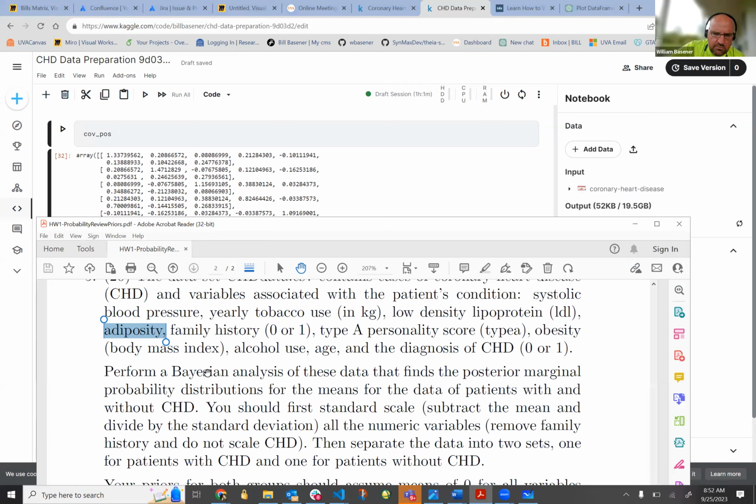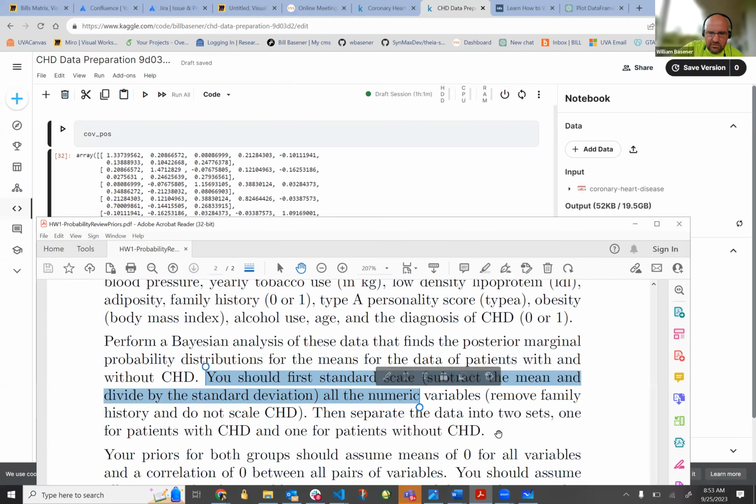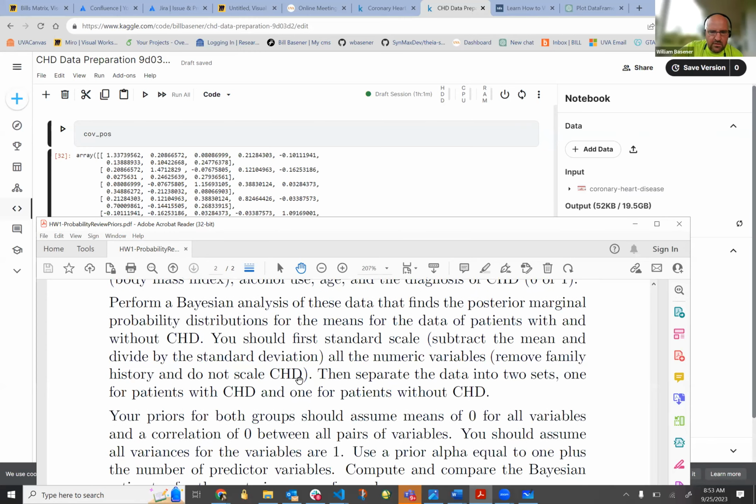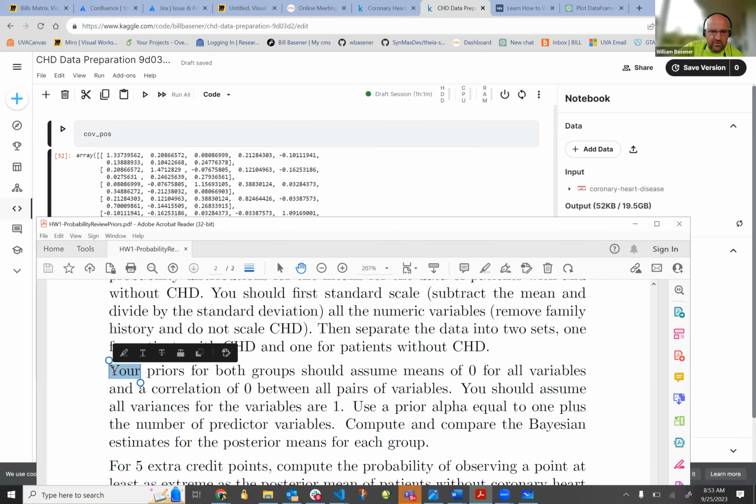Okay, so perform a Bayesian analysis of these data that finds the posterior marginal probability distributions for each of the means for the data of patients with and without CHD. You should first standard scale. We did that. Separate the two classes. We did that. Okay. Now, here's where it starts becoming Bayesian.